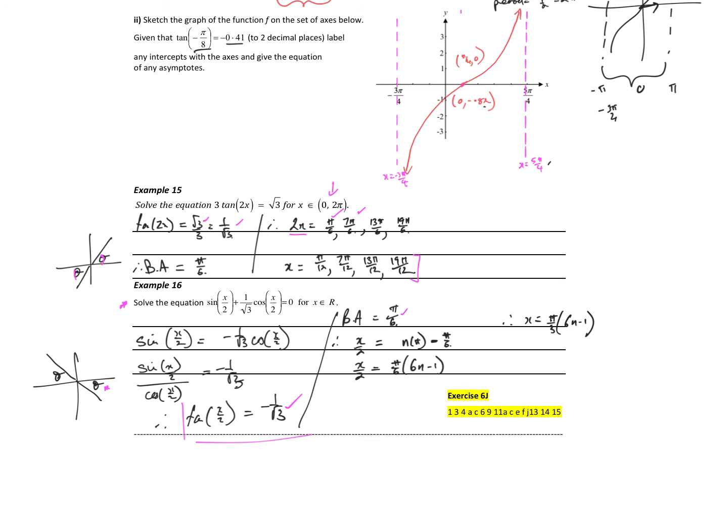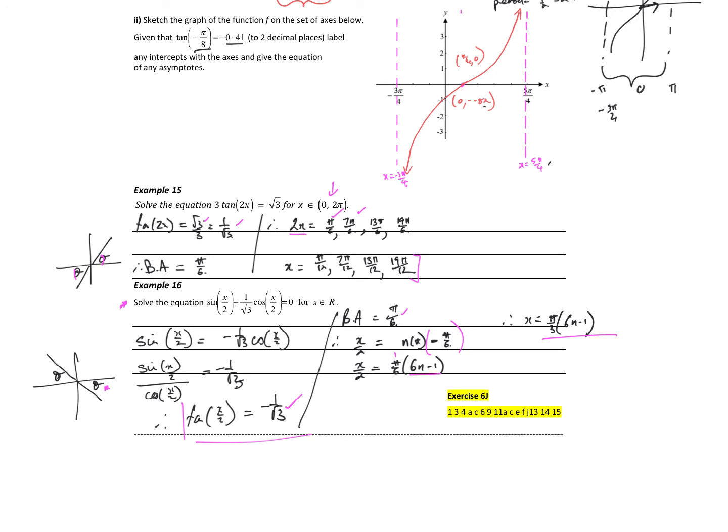So my general solution, I've gone straight for it here, where because we're moving down into the fourth quadrant, we subtract pi on 6. Tidy that up. I take pi on 6 out the front as a factor, I get 6n minus 1, multiply 2 across, and I end up with pi on 3.